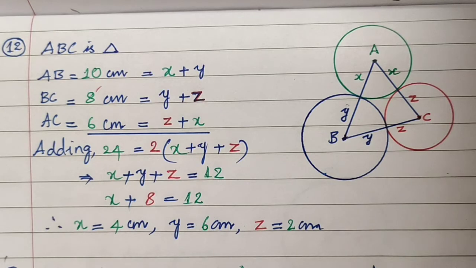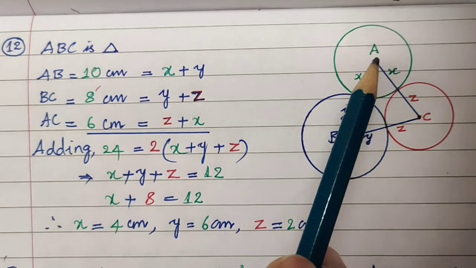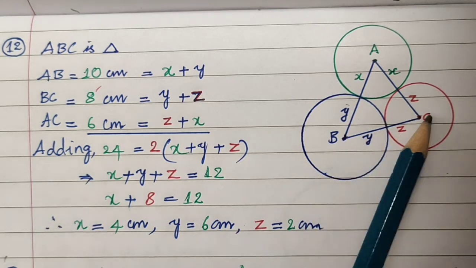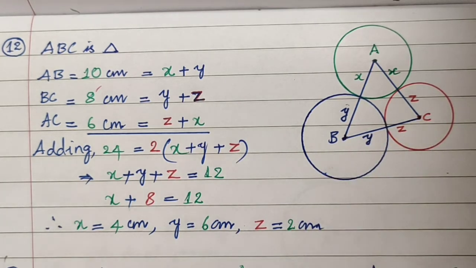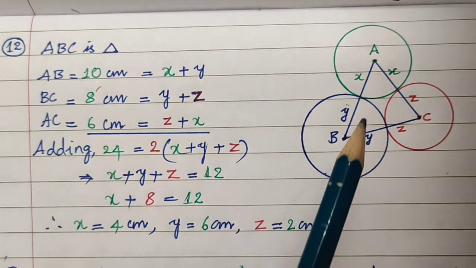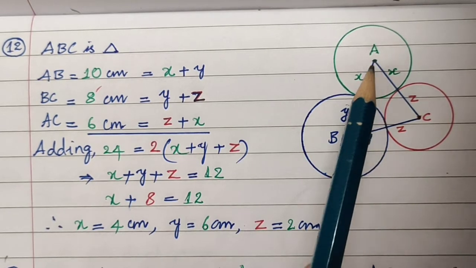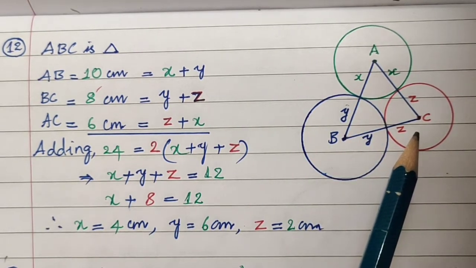ABC is a triangle. AB is equal to 10 centimeters, BC is equal to 8 centimeters, and AC is 6 centimeters. Three circles are drawn with vertices as their centers. These A, B, C are the vertices of the triangle.